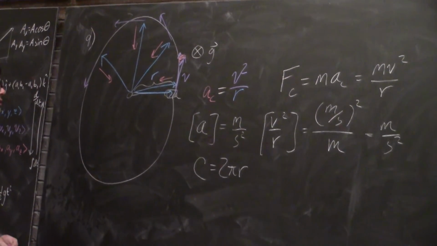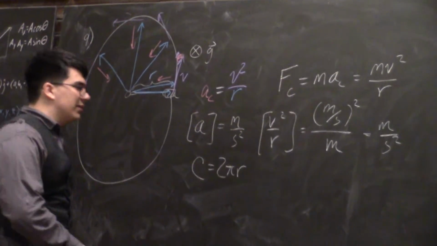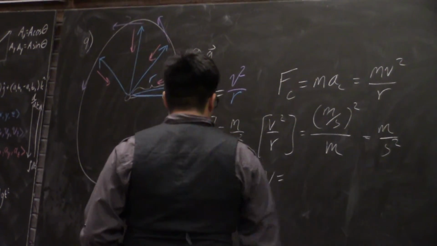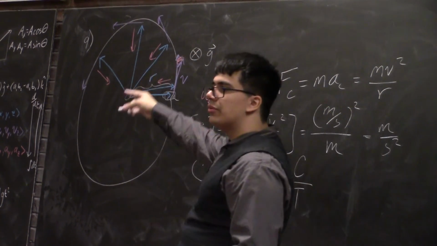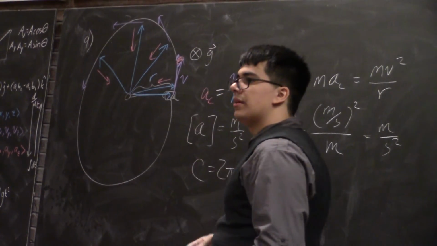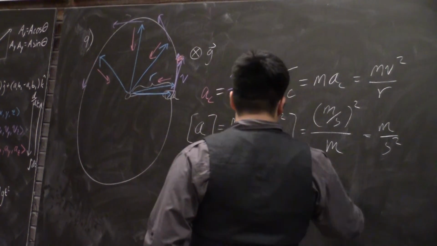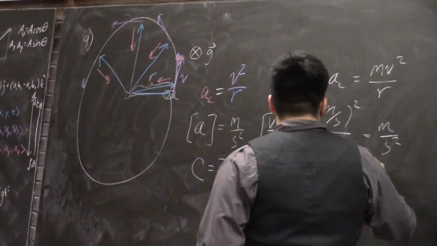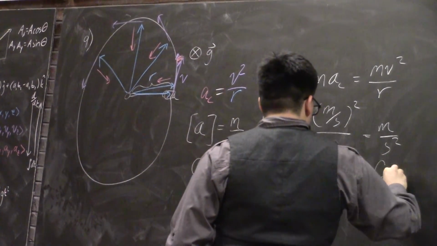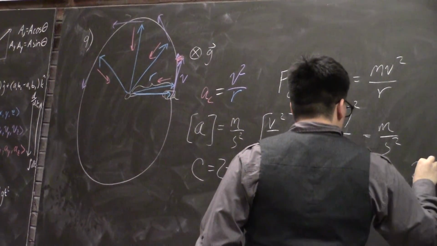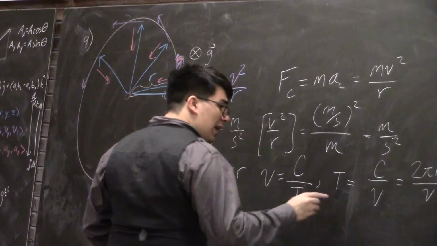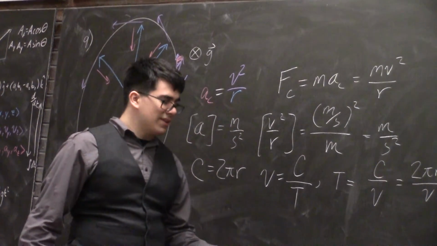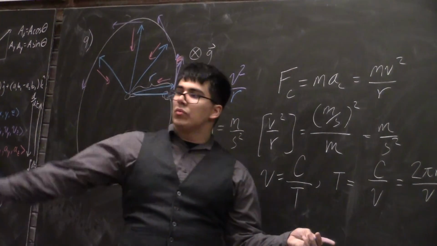Now, what about the velocity then would be the distance over the time it takes to travel around one revolution then. Okay? Then I'm going to rewrite my time to be c over v, which is going to be 2 pi r over v. Time here is for one rotation.